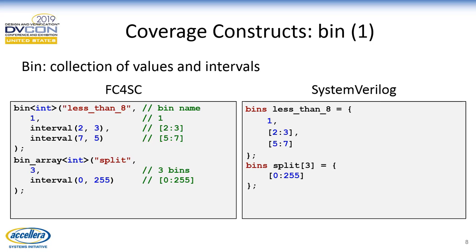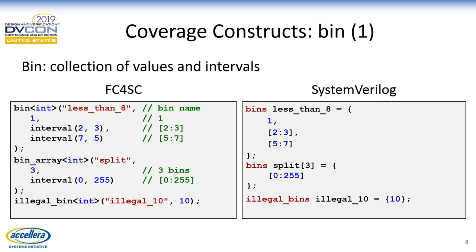So in this case, if we have the interval from 0 to 255, then instead of having one bin which contains the whole interval, I would like to have 3 bins which divide this interval into equal slices. And this way, we use the bin array construct to achieve that. And then we have the illegal bin, which is in a way the same. So they are all similar to each other, but this one is intended for data that we want to make sure never actually happens during the simulation.